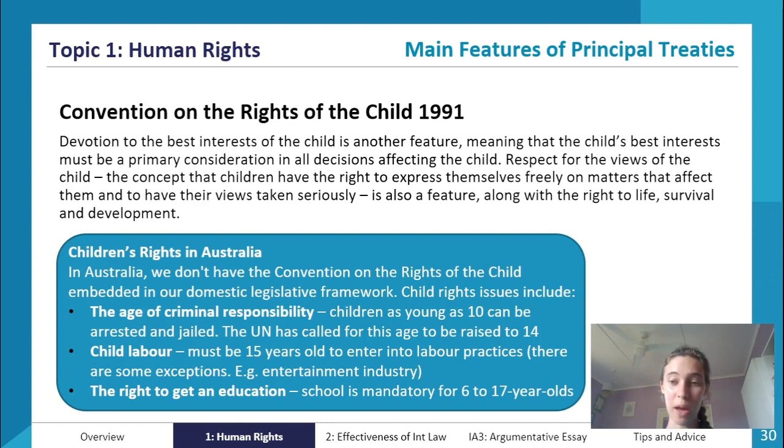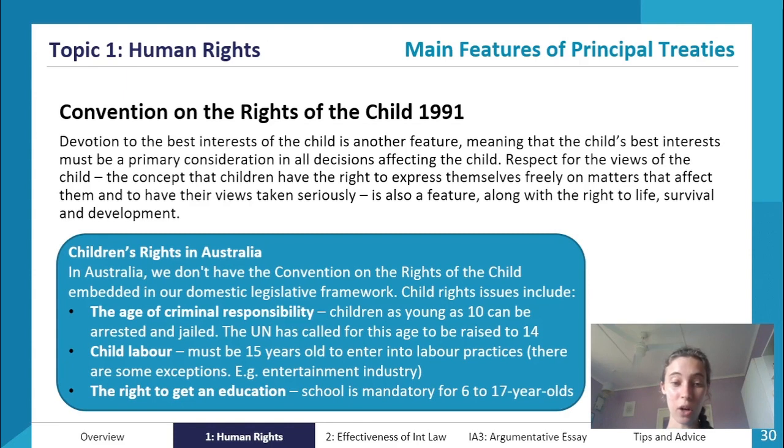And then respect for the views of the child, which is quite an interesting one. So children have a right to express themselves freely on matters that affect them and have their views taken seriously. So just because they're children doesn't mean that they shouldn't be taken seriously. And then just those basic things again with life, survival, and development.